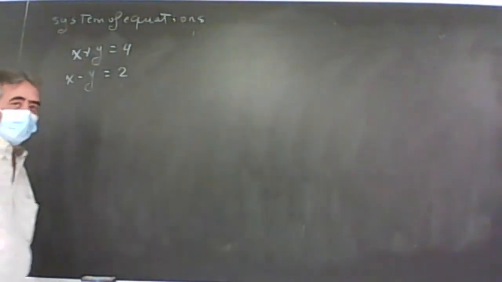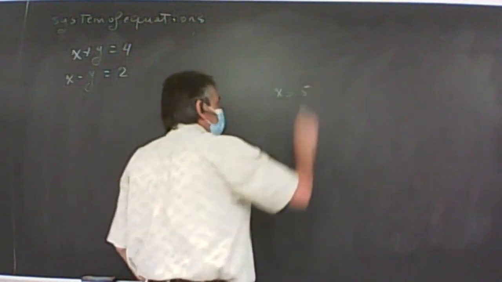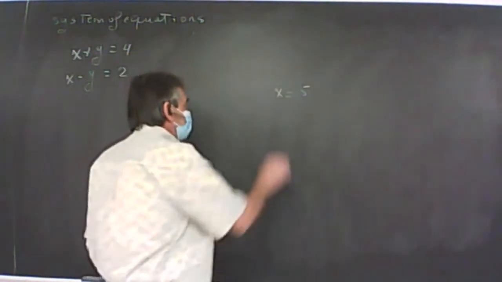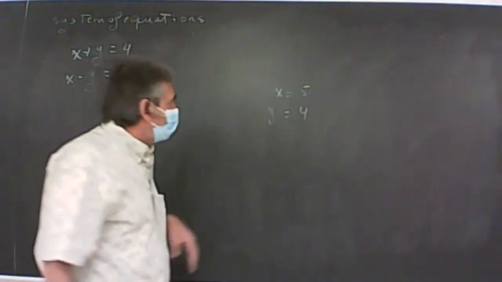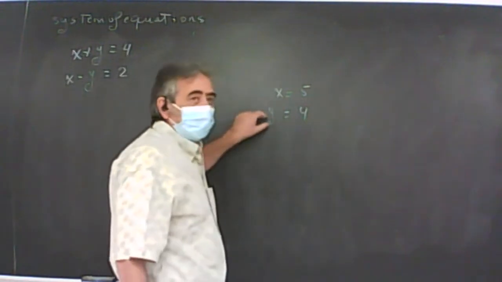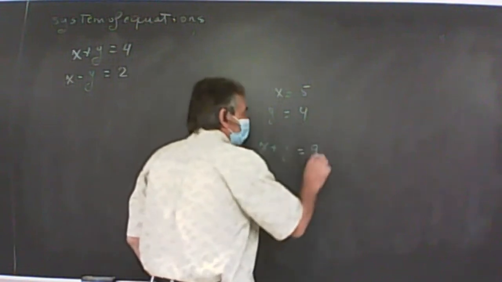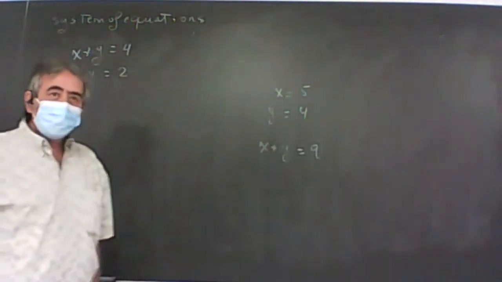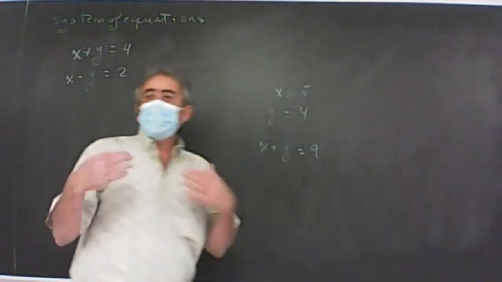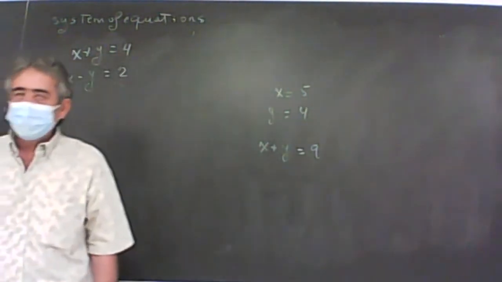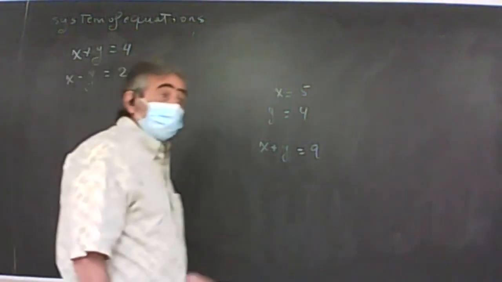In this particular case, if I say x equals 5, and then I tell you y equals, say, 4, what I could say also, if I were to add this side together and this side together, is that x plus y would be 9. Correct? So that's the idea behind the elimination method, where we're going to add both sides of the equations to each other. But in order to do that, we want to add them in a way that benefits us.